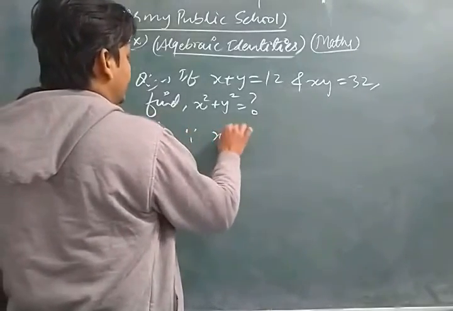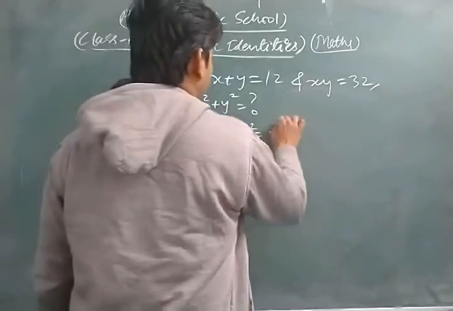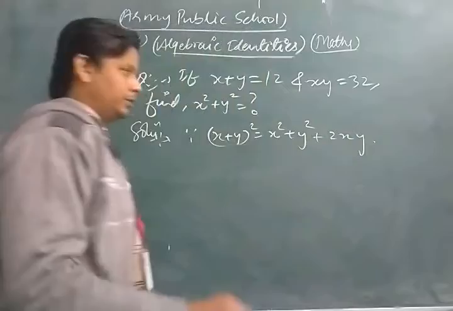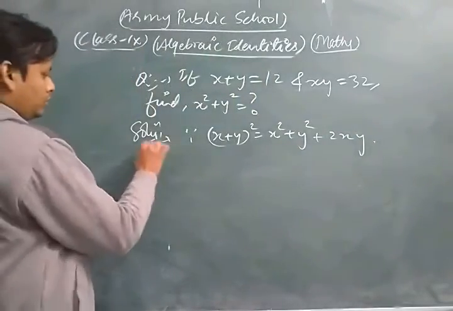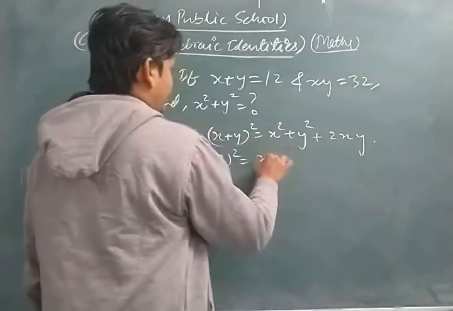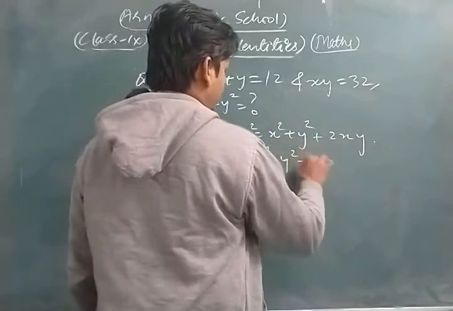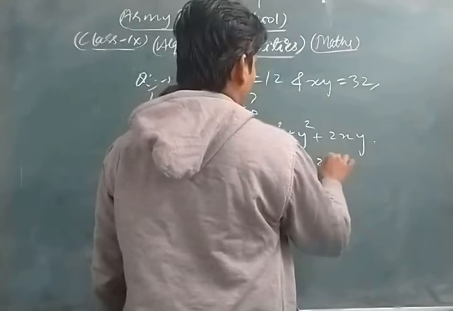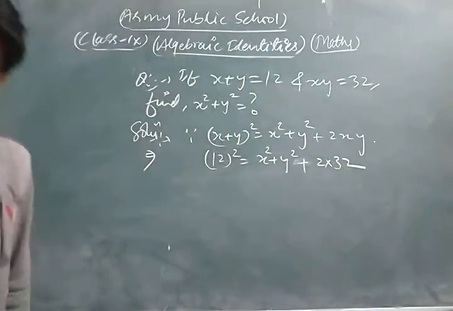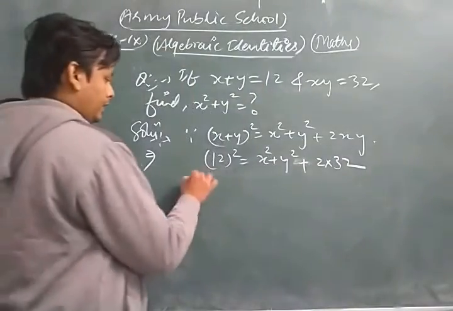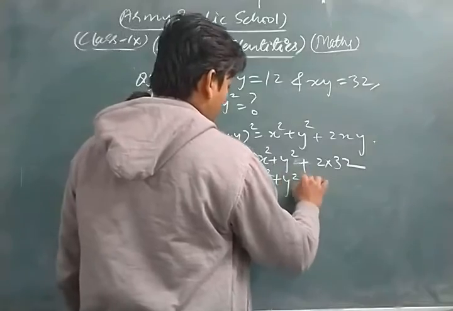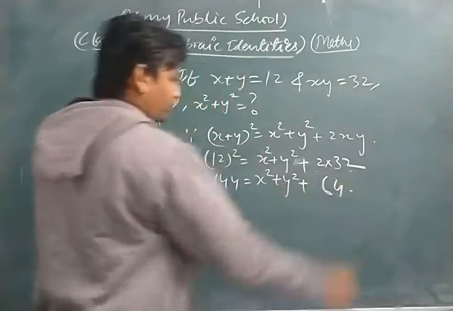Since we know that x plus y whole square is equal to a square plus b square plus 2ab. Okay. So now the value of x plus y, this is 12 whole square, is equal to x square plus y square, which we find, plus 2 times xy, that is 64. Now look here, this is 144, x square plus y square plus 64.